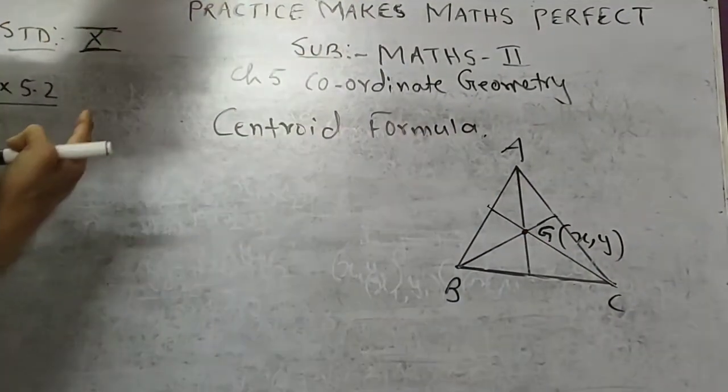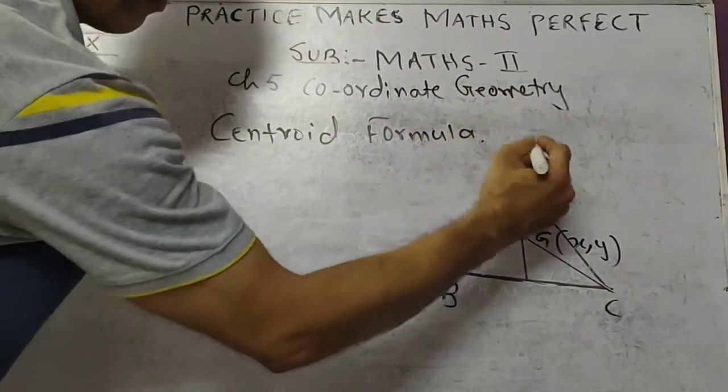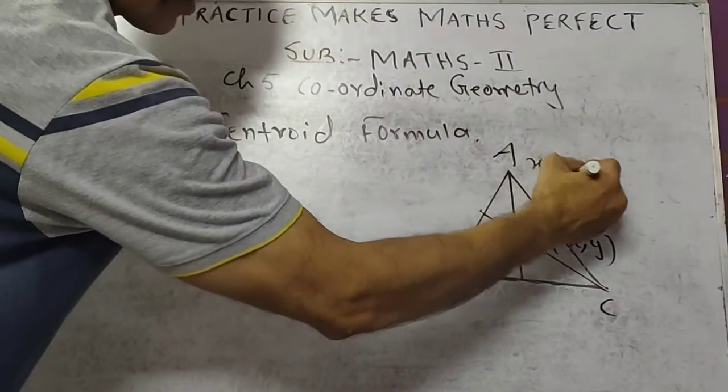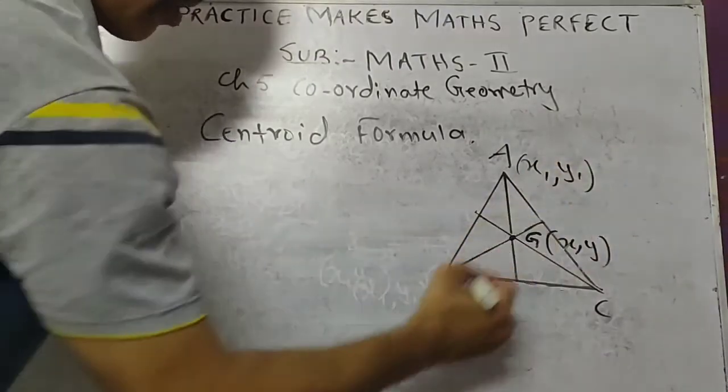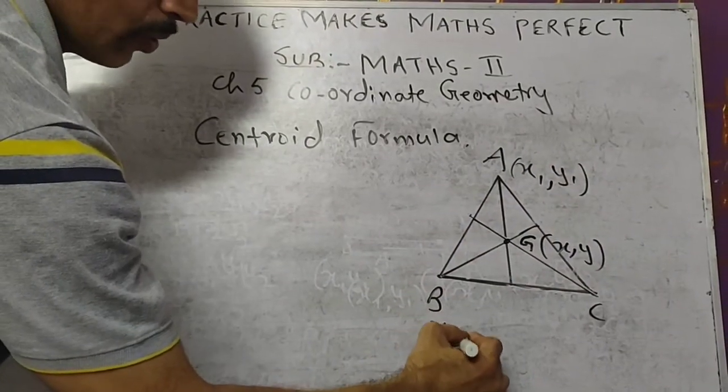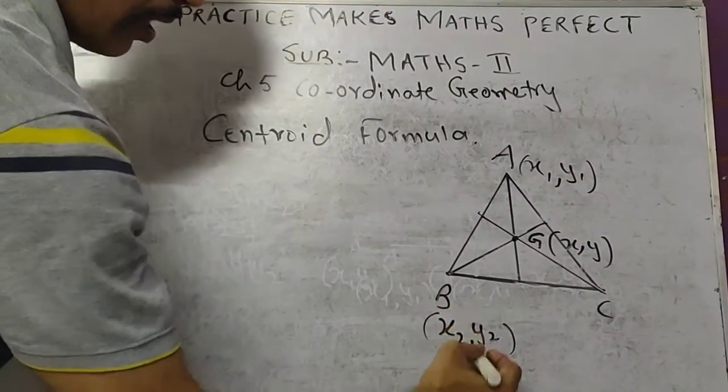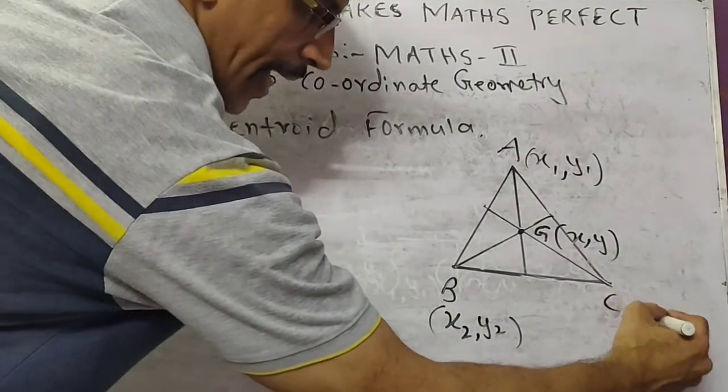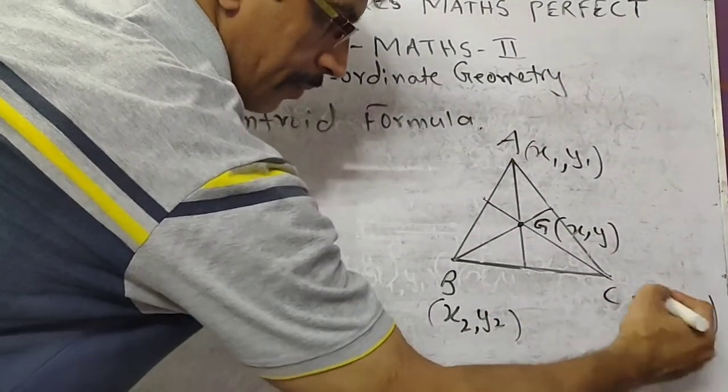Coordinate of A will be x1, y1. Coordinate of B will be x2, y2, and coordinate of C will be x3, y3.